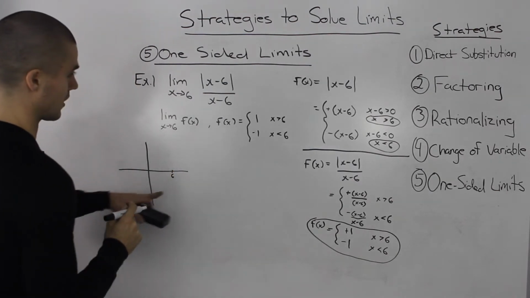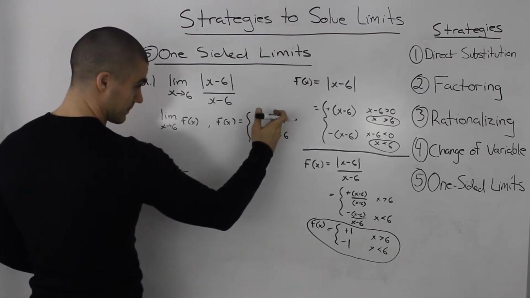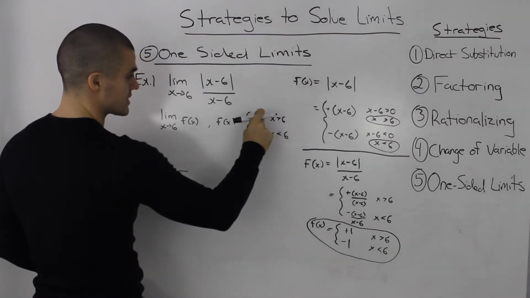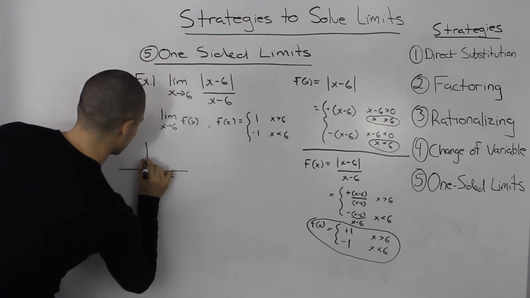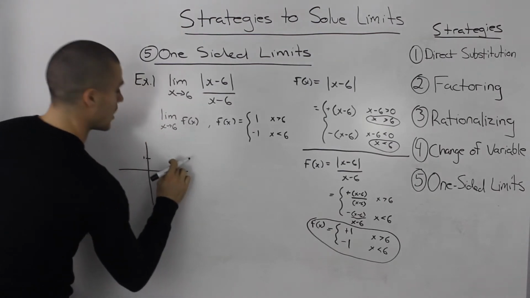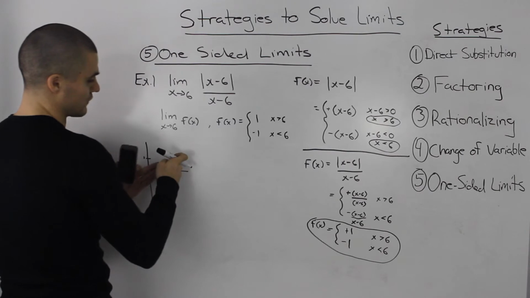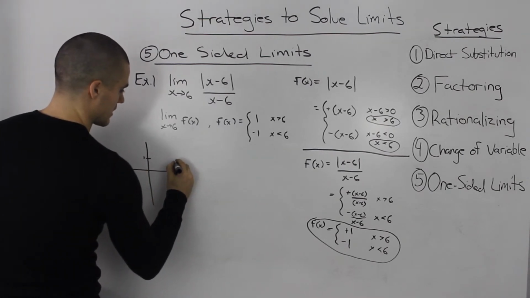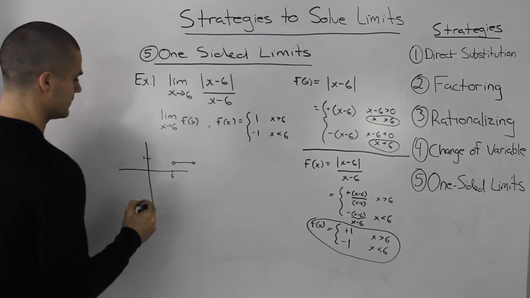Obviously, 6 is going to be our x point where the function is different. For any x value greater than 6, the y value is just 1. We'll put a 1 here, and notice how this has to be a hole at 6 because it's not defined at 6. It's only for values greater than 6, and that's just a straight horizontal line at 1.